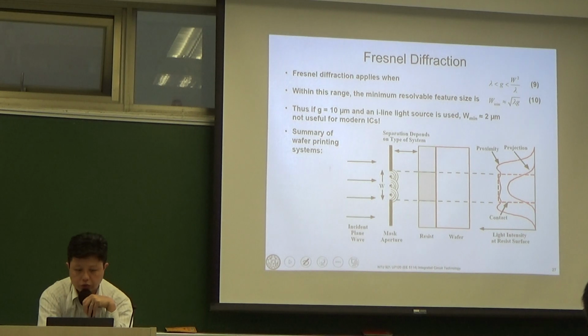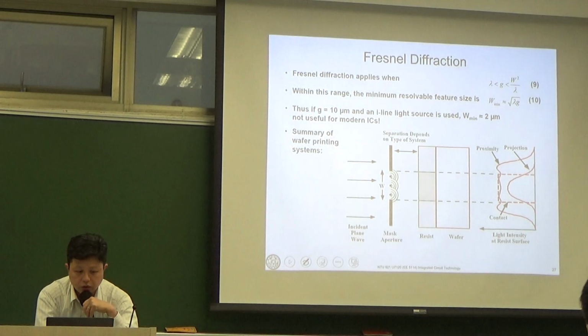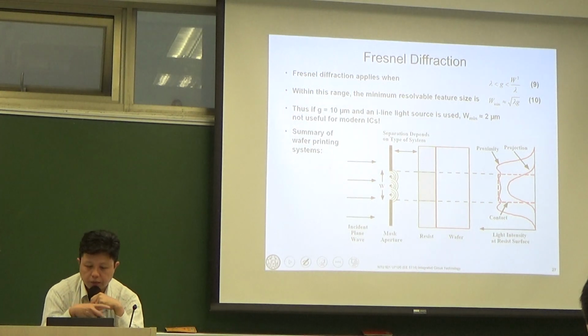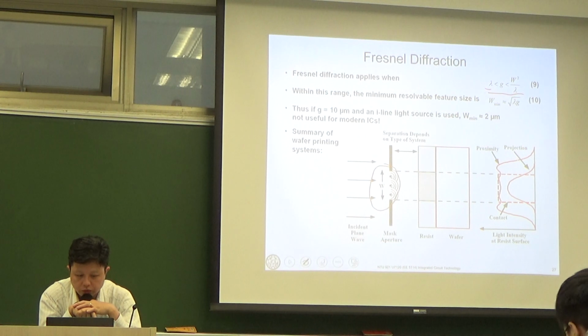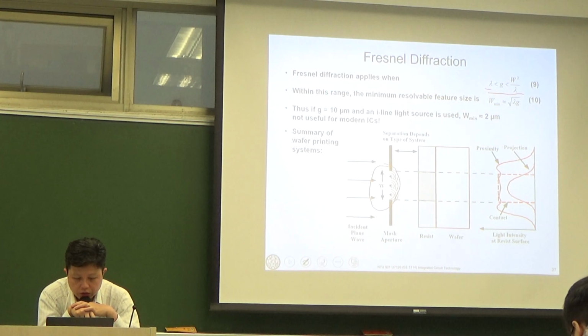So in this case, we consider the Fresnel diffraction instead of the Fraunhofer diffraction. If this G distance is larger than lambda but less than W squared over lambda, where W is your aperture here, then we can apply this near field optics.